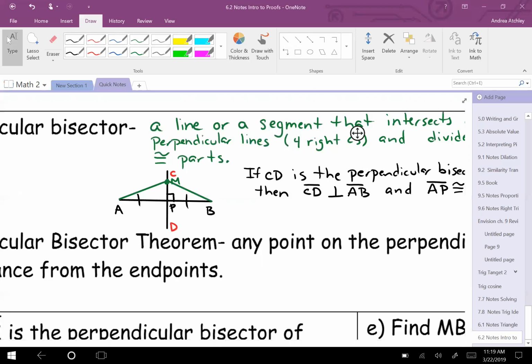Okay, that's what equal distance means. They're equal, they're congruent. Okay.